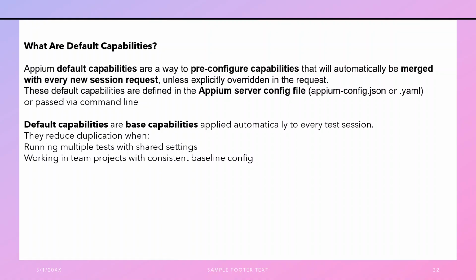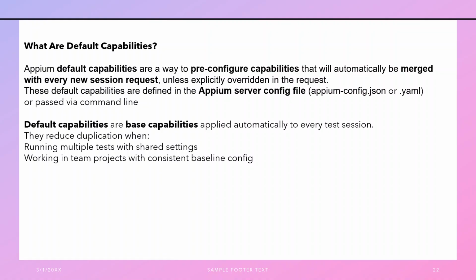Why do you use this? They reduce duplication when running multiple tests with shared settings, and when working on a team project they give a consistent baseline config. When you are working on a project, you want to make sure that everybody uses the same set of predefined capabilities.